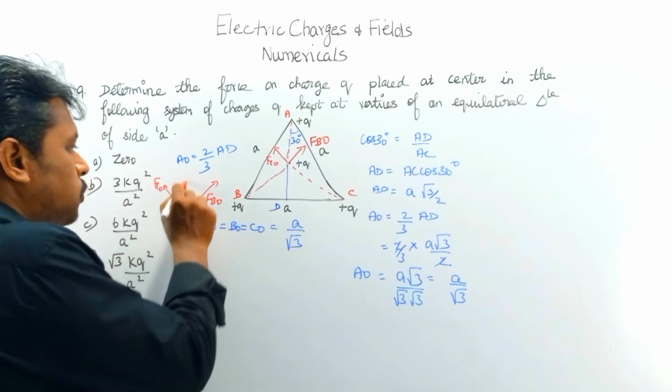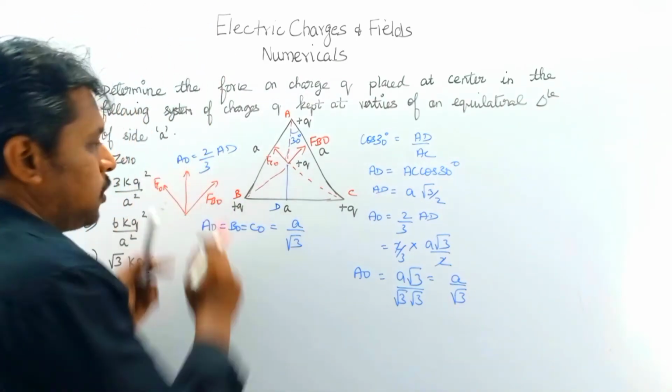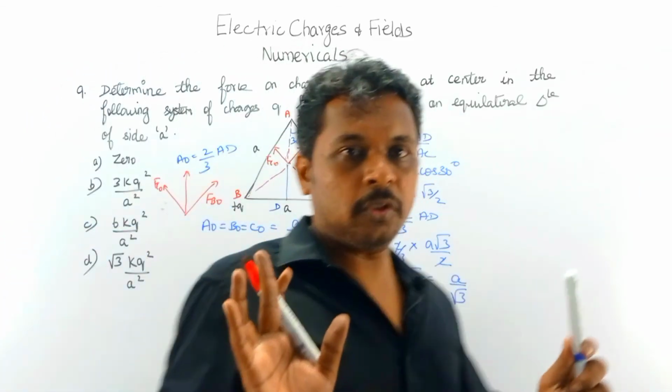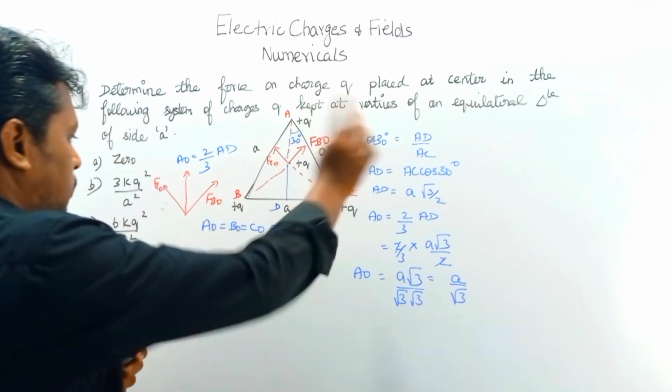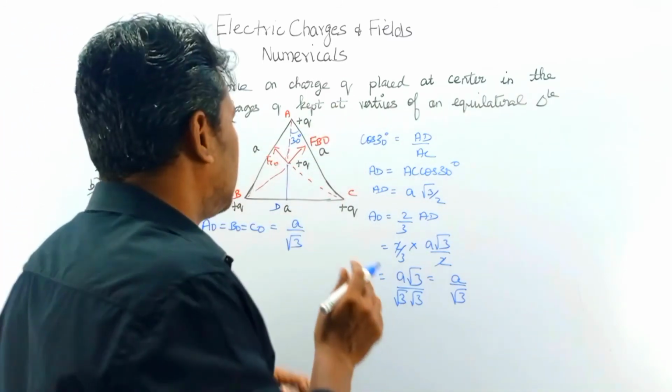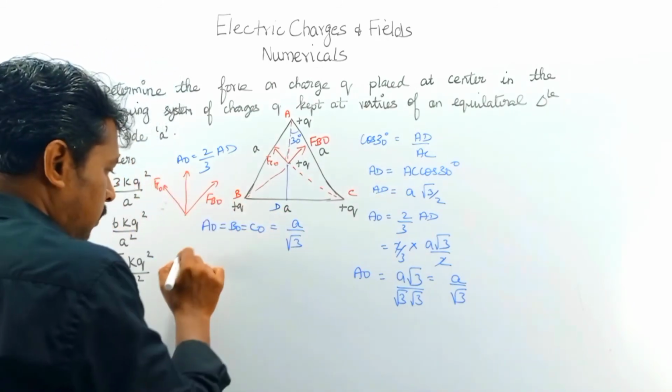The resultant of these two forces will be acting in this particular direction, upwards. So first we have to find the forces FBO and FCO. Both are at the same distance, so they will have the same values.